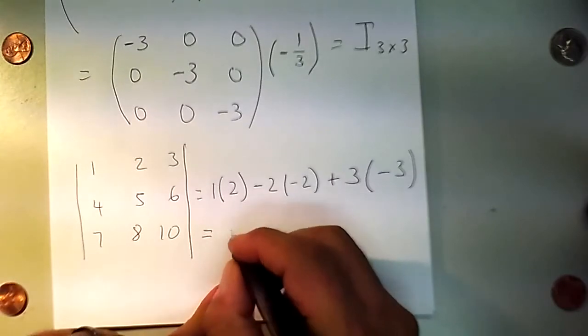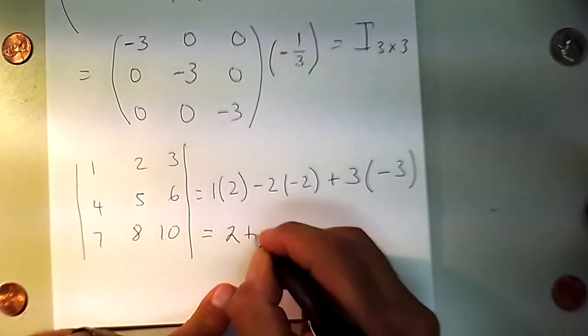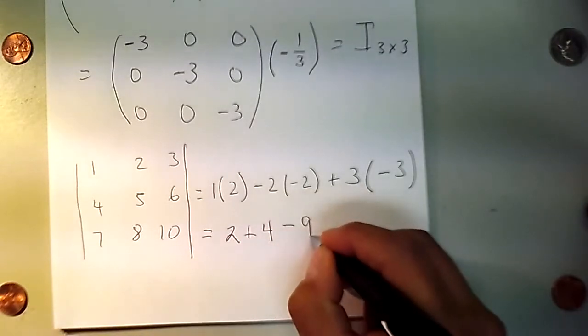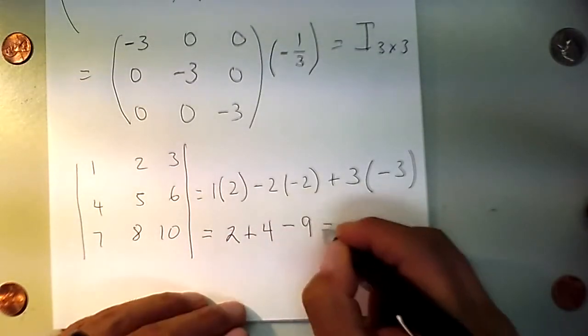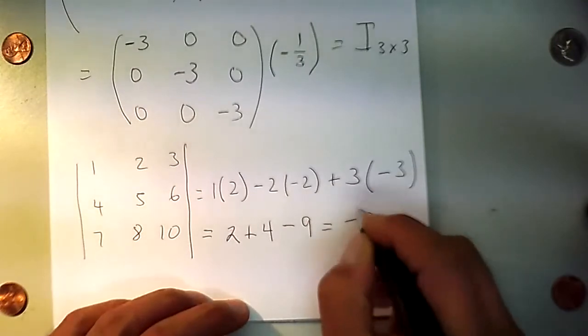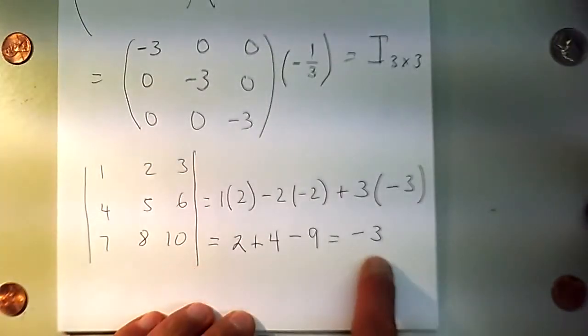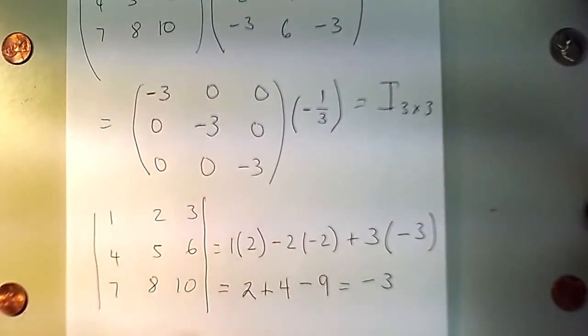So that is 2 plus 4 minus 9. Sure enough, the determinant of this matrix is -3, which is the extra factor we have.